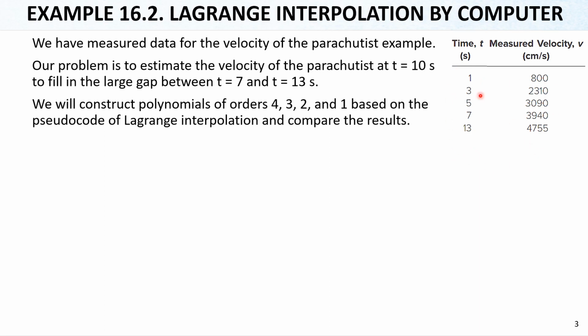On the right hand side you can see for 1, 3, 5, 7 and 13 seconds we measured these values, but we don't know what is the velocity when t is 10. So basically, what is v10? We don't know this and we want to solve it, and for this we will use polynomials of orders 4, 3, 2 and 1 based on the pseudocode of Lagrange interpolation and compare the results.